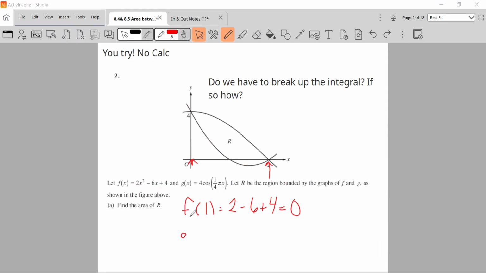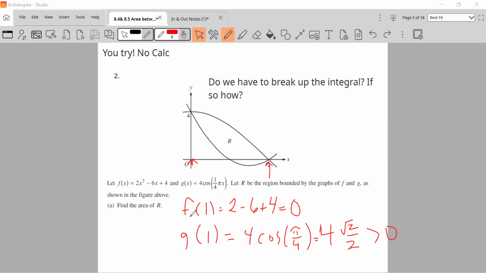And then if I plug this into g of x, I'll get 4 times the cosine of pi over 4, which is just 4 times radical 2 over 2, which I think we're cool being bigger than 0. So this tells me g of x has to be on top.